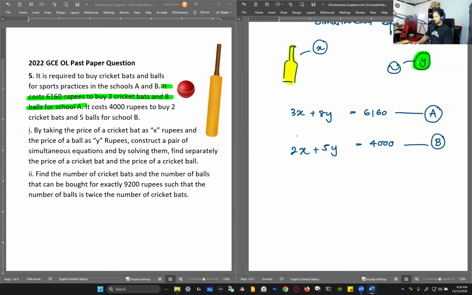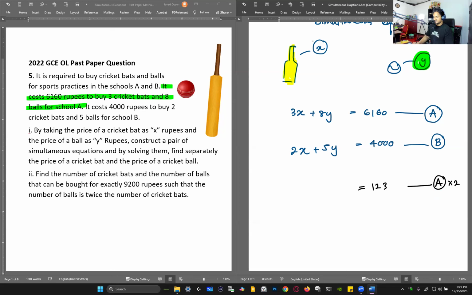If I multiply A by 2, 6,160, I'll use a different color so this will pop. I'll tell you why I multiplied it by 2 in a bit. 6,160, Miss Fatima, multiplied by 2.